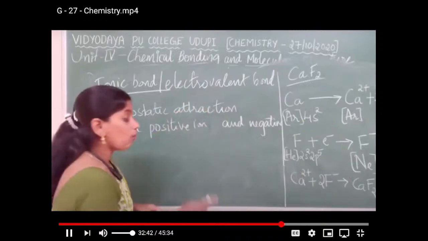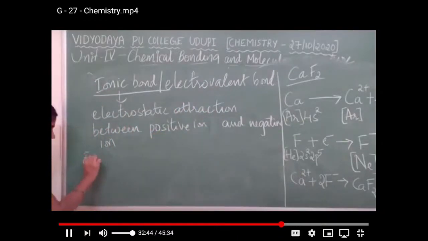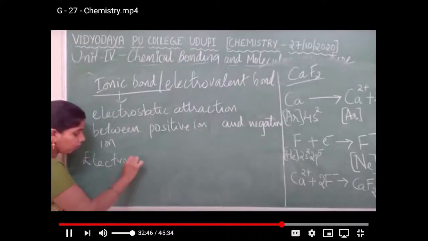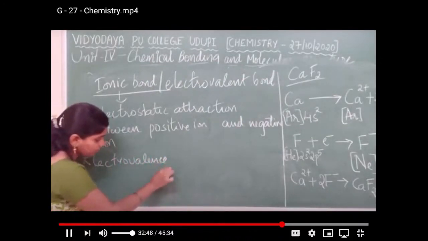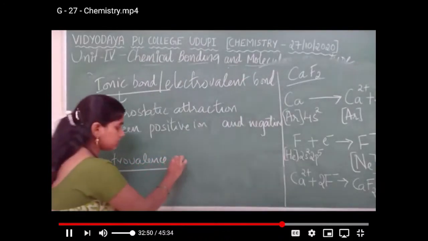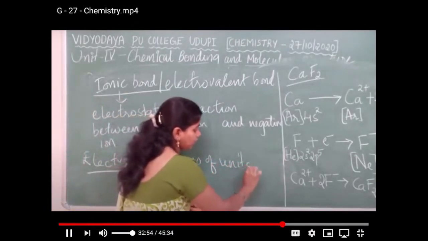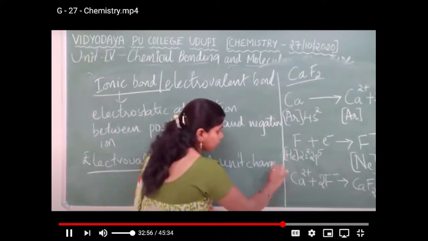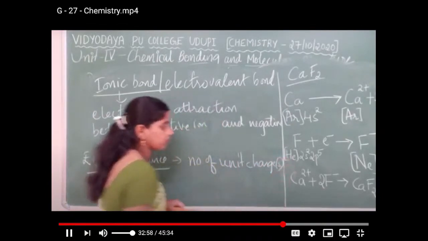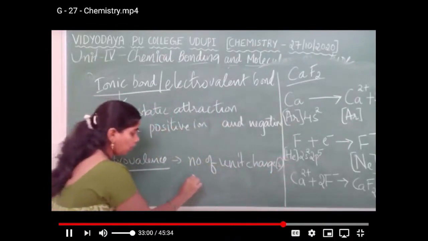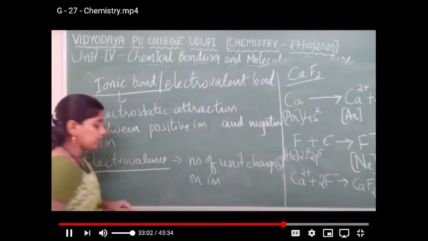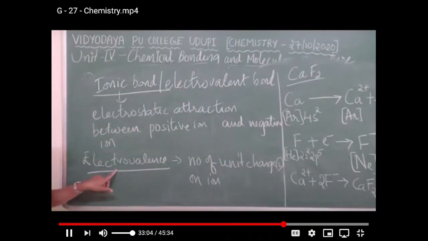Okay. The electrovalence is the number of unit charge on ion. Charge or charges on ion is called as the electrovalence.